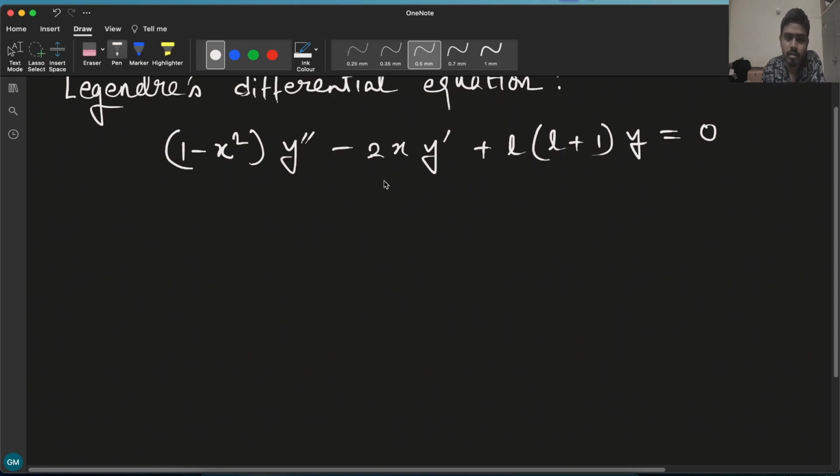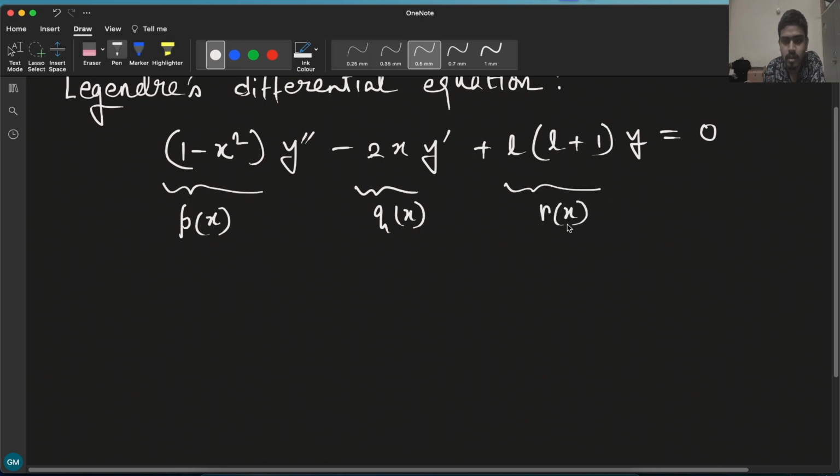So we will find a solution around x equals 0, and you can see this is the p(x), this is the q(x), and this is our r(x). You can see that p(x) at x equals 0 is 1, right?